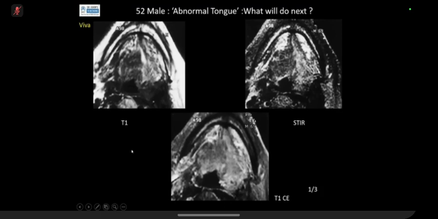Given that it's high T1 signal on that side of the tongue, it makes me concerned that there is a hypoglossal nerve lesion on the affected side, which would give you muscle atrophy of the tongue and denervation. Excellent, well done.